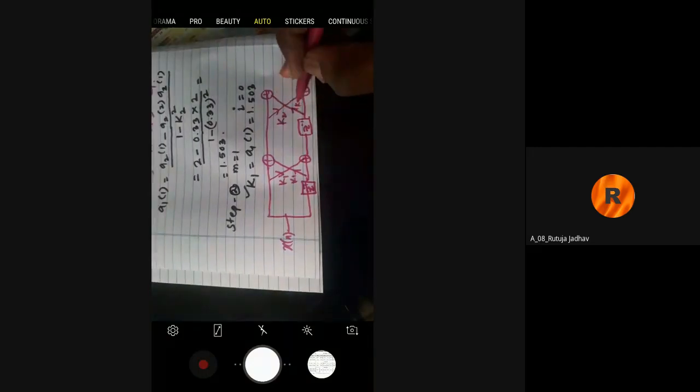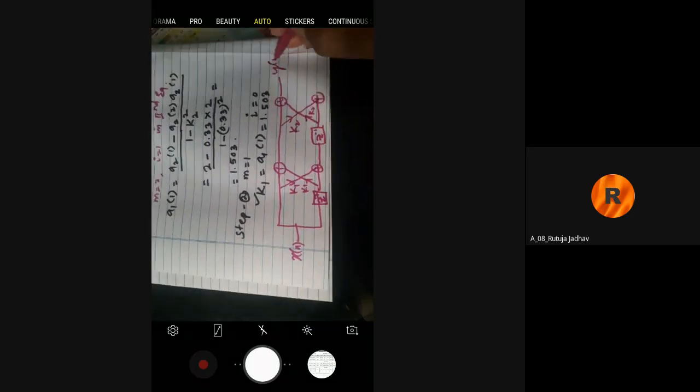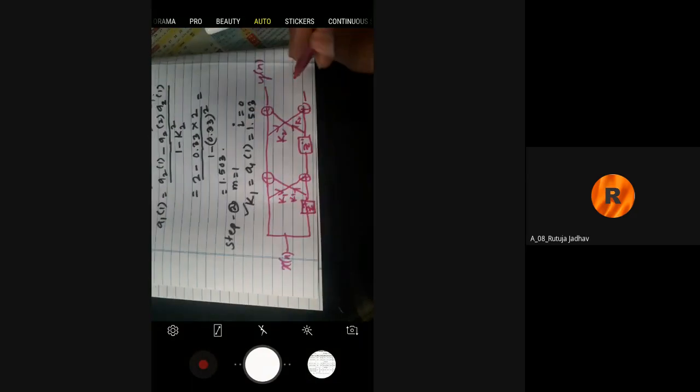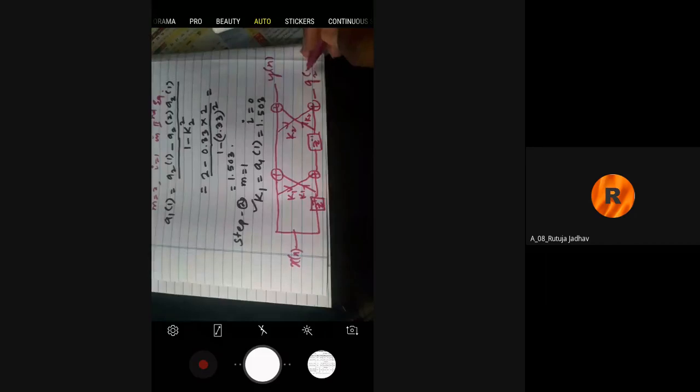Only the multipliers I am writing as K2 here and K2 here, right? Its output we are writing as y of n, and this output we are writing as G2 of n or G1 of n, right?